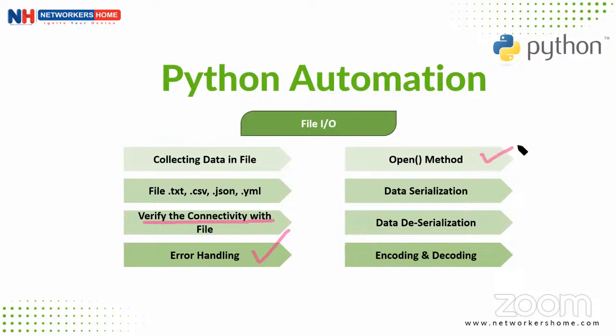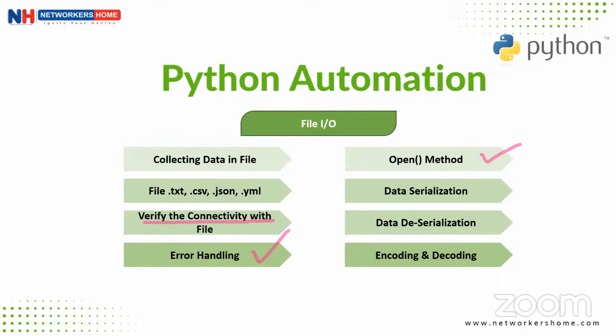Then we will understand the open method. We also need to understand data serialization and data deserialization. There are different terms we will understand. If we refer to the OSI model, we have a few terminologies in networking: encoding, decoding, encryption, decryption, serialization, and deserialization.